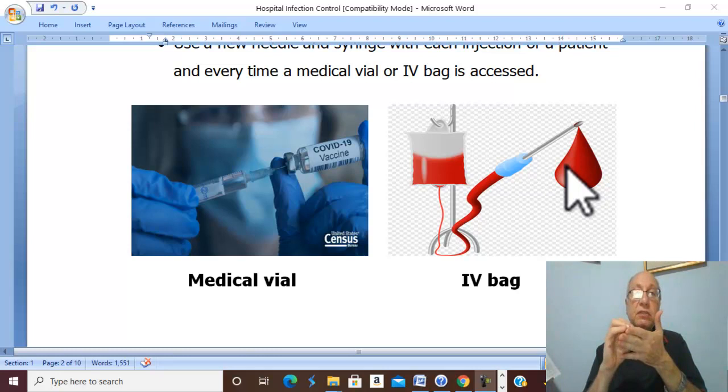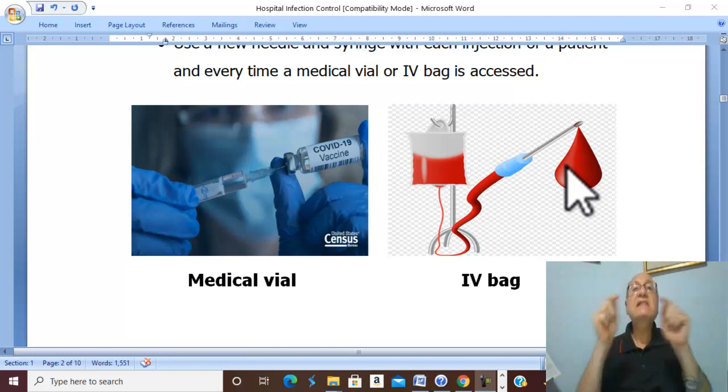Clear documentation in the patient records so that all personnel know that this patient has hepatitis or HIV.